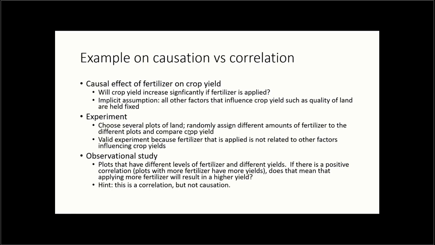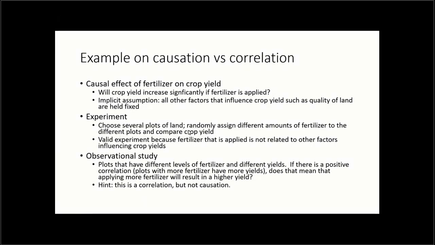That's a valid experiment because the way we apply the fertilizer is not related to any other factors influencing crop yields. So in this case, we truly could have causation of more fertilizer leading to higher yields, or not, depending on what the results of the study say.